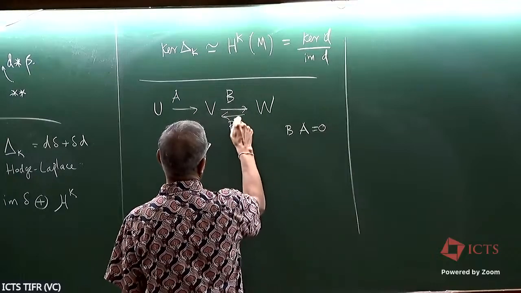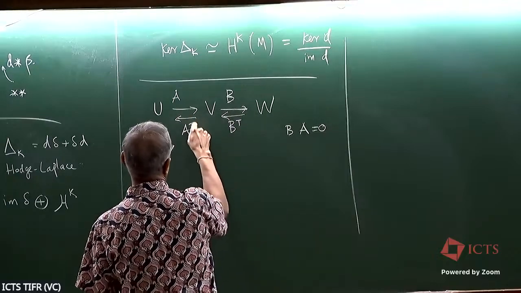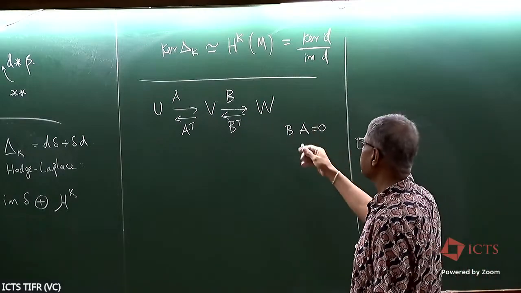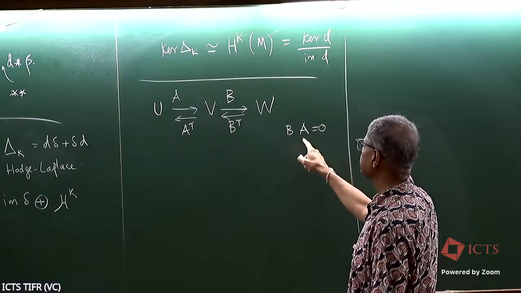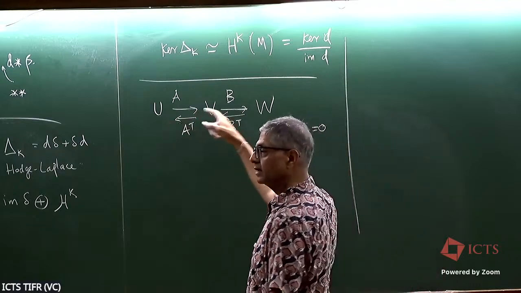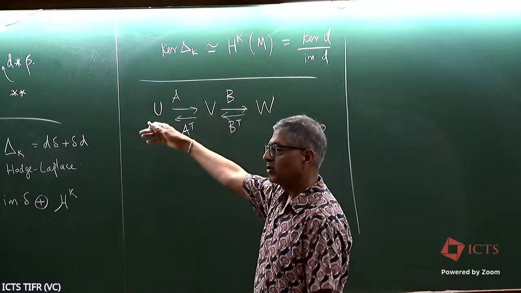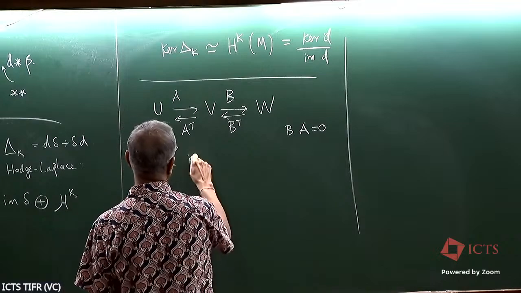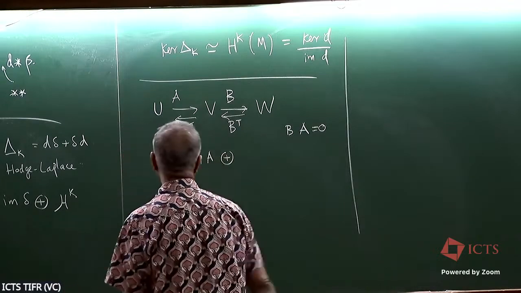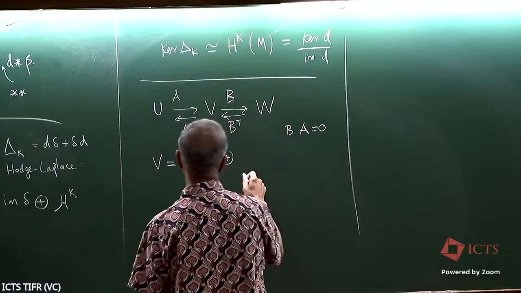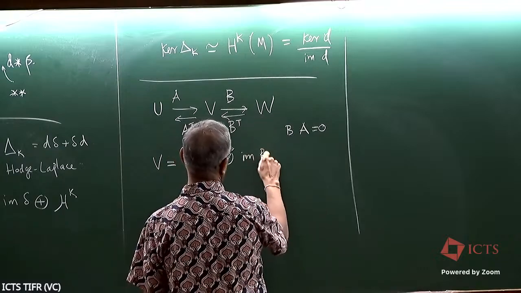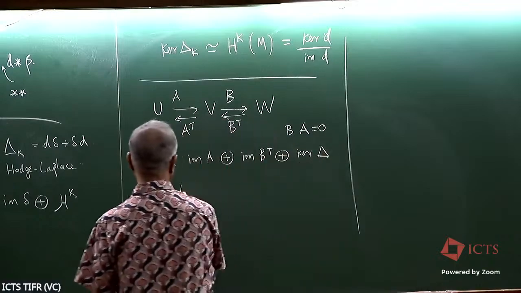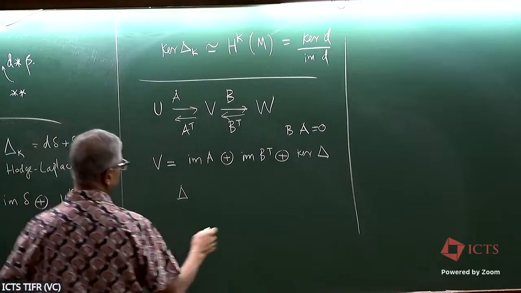And take the adjoint operators, which I'll just write with T. So just think of them as matrices. The transpose of that is A transpose, B transpose. So that's also 0. This is like your exterior derivative and this is like your codifferential. So you will see that V decomposes uniquely, orthogonally, into image of A plus image of B transpose plus the kernel of the Laplacian, where the Laplacian is using this pattern, going this way and that way.